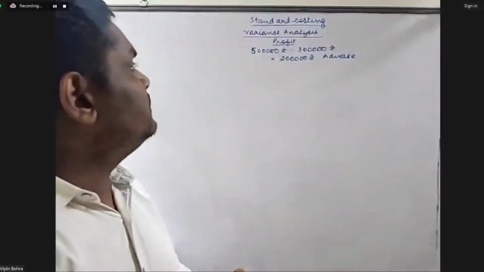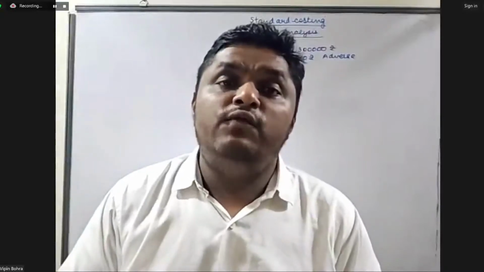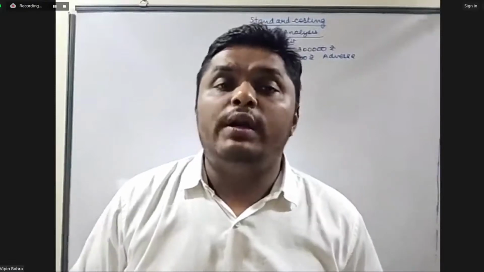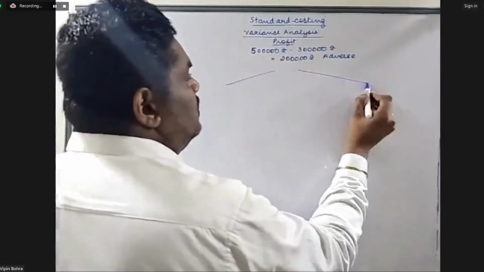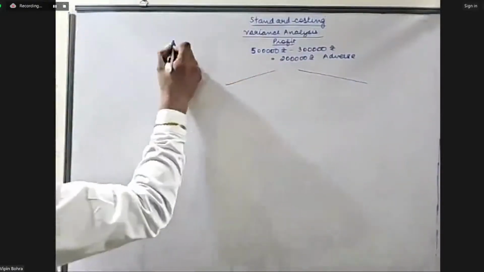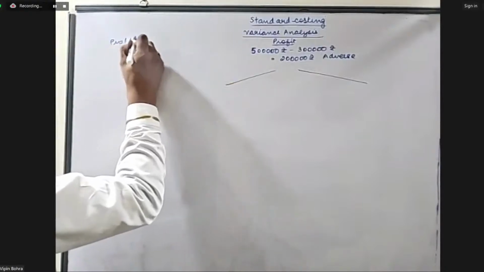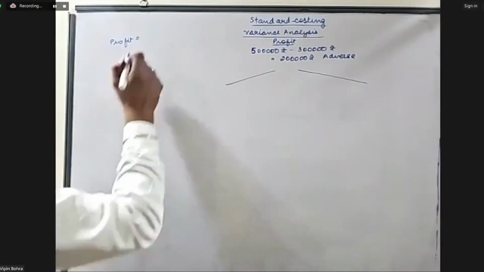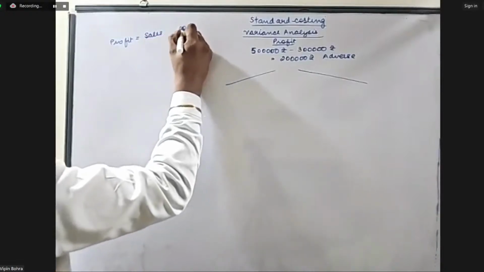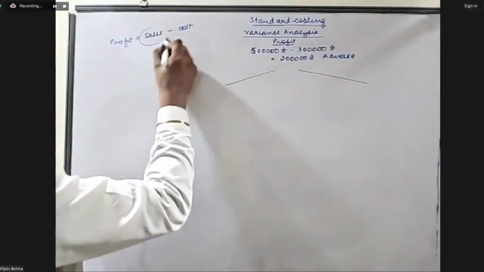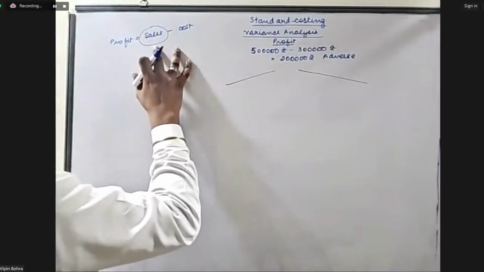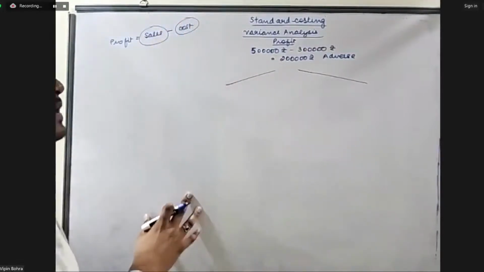So now I have to figure out who are the persons responsible for this loss of rupees 2 lakh. What are the factors that are contributing to this loss of rupees 2 lakh? So when talking about the profit, generally profit is calculated using two elements, that is sales, and second one is cost. So either there is something wrong with my sales department, or there must be something wrong with my cost department.